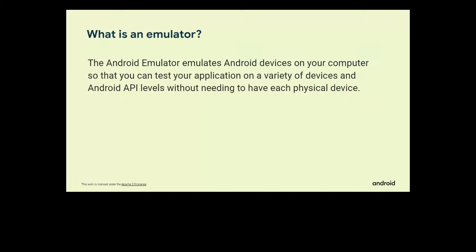It has different levels of API, so you can choose which kind of Android API you want to work with, whether you want to work with Android 5, that is Lollipop, or you want to work with the latest version, that is Android 12 or 13. You can choose on your own and configure it without having to actually use a physical device. This is a very powerful tool that Android Studio provides you with, and we will be using it to test our applications towards the end.